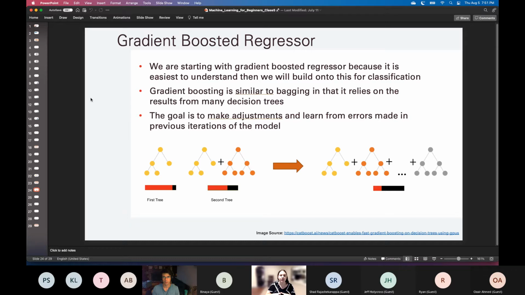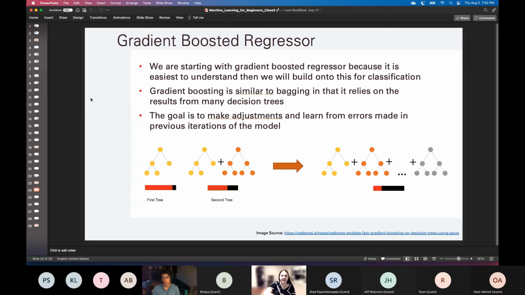And then in its final nodes, it will find the mean of every value that's in the final node, and that is the predicted value. And then it will find the residual, or the error, in that first prediction from the tree.